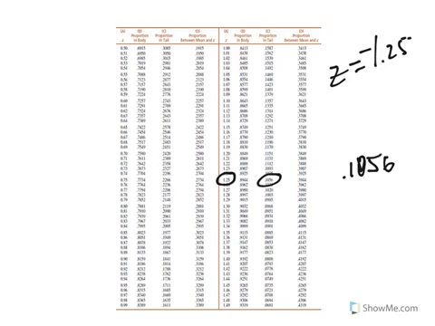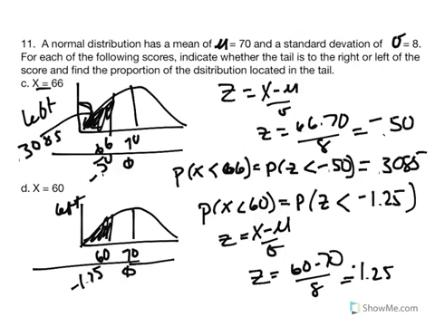So let's go back to our sketch. We found that this area here is representing 0.1056 of the entire distribution. So our final answer would be 0.1056.